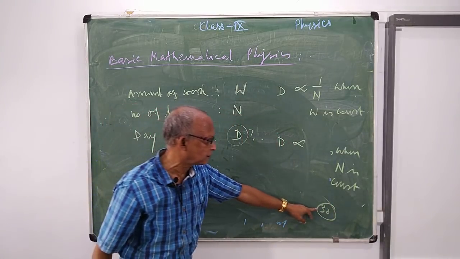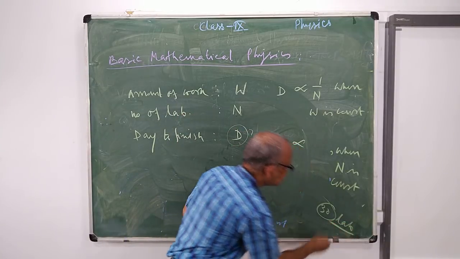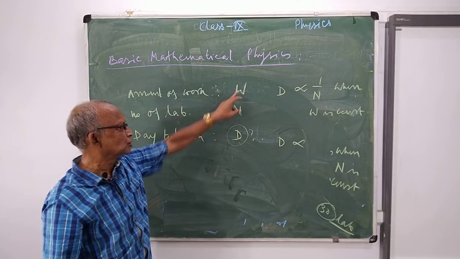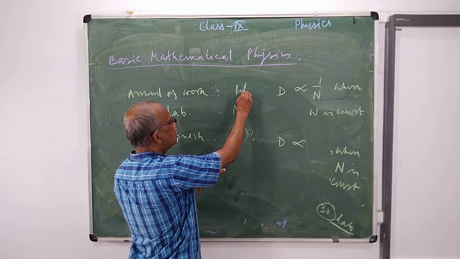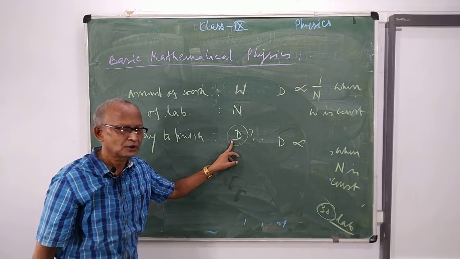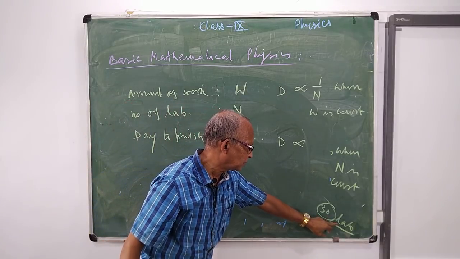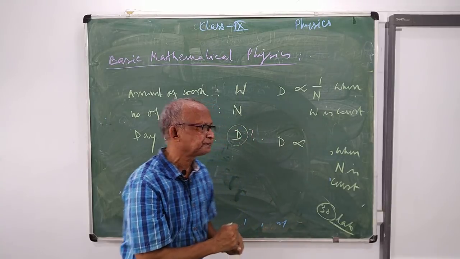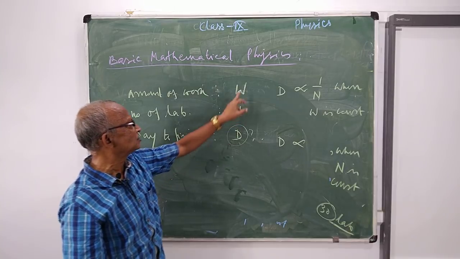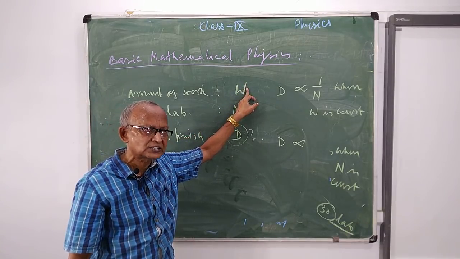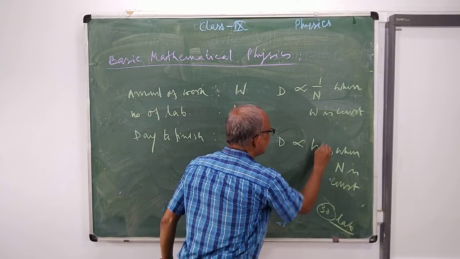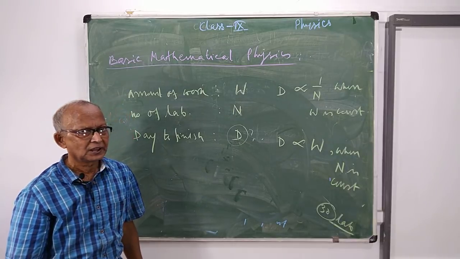You don't change this. Now, how are days related with W? If the amount of work is more, then more days will be needed. If 30 labors plow 1 acre of land in 10 days, then to plow 2 acres of land, 20 days will be needed. So days is directly proportional to W.